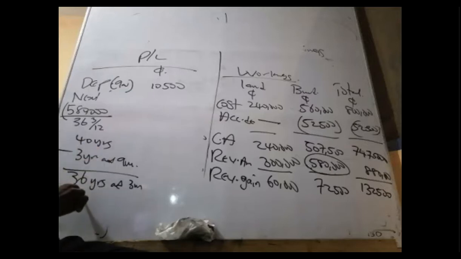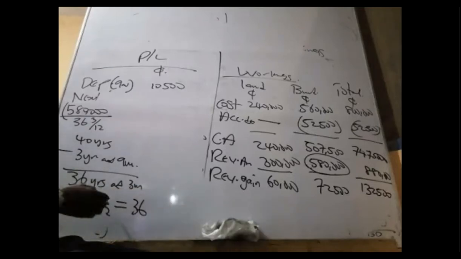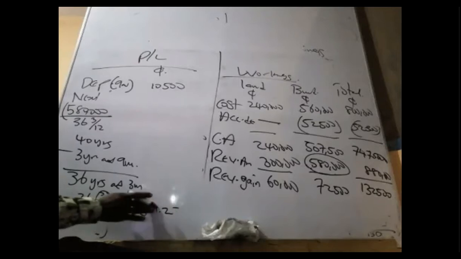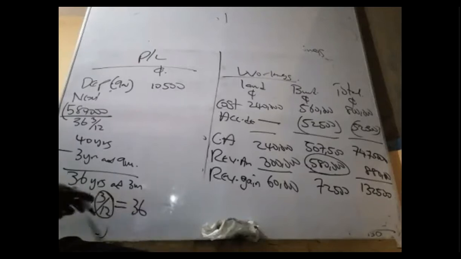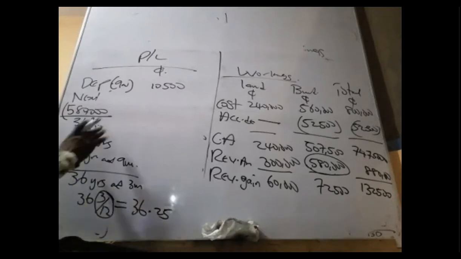So 3 divided by 12. What do you get? You get 0.25. Just add it to the 36. So you get 36.25.